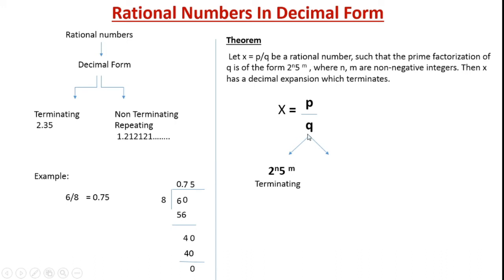If the denominator is of the form 2 to the power n, 5 to the power m, it is a terminating decimal. If it is not in the form of 2 to the power n, 5 to the power m, it is a non-terminating repeating decimal. Let us see the examples.